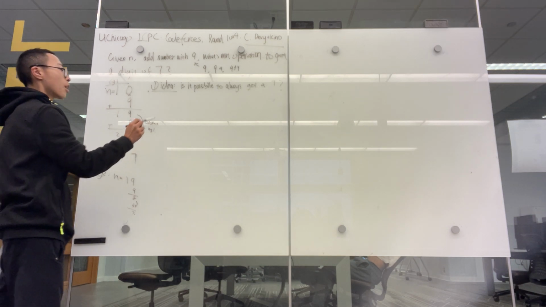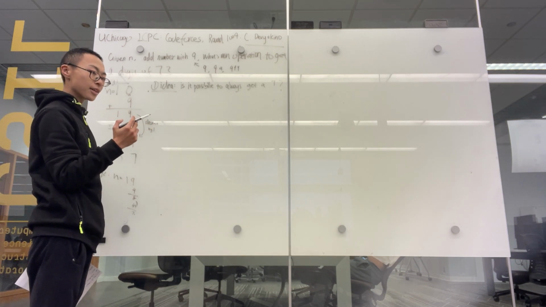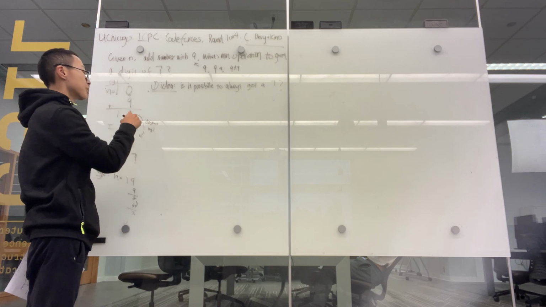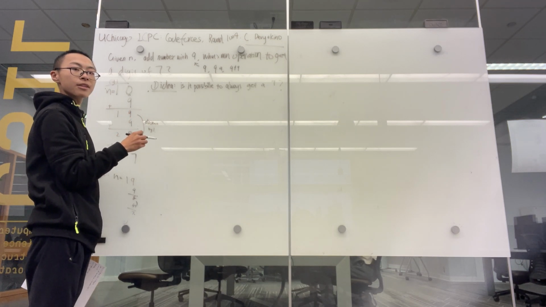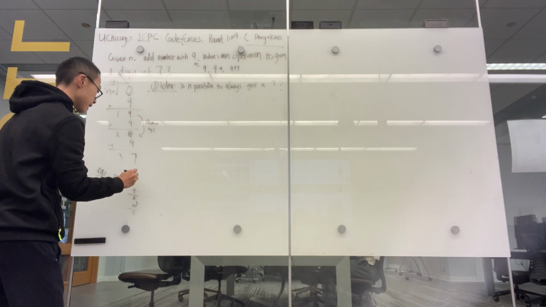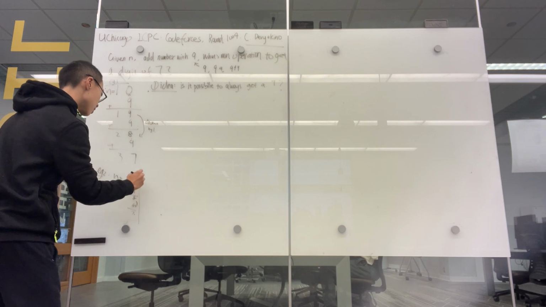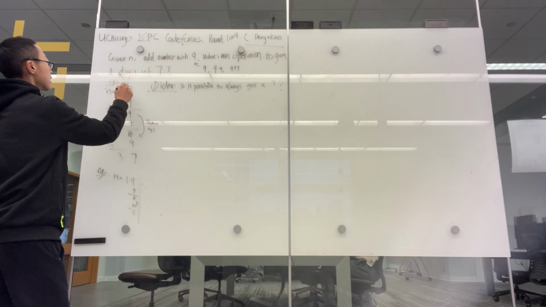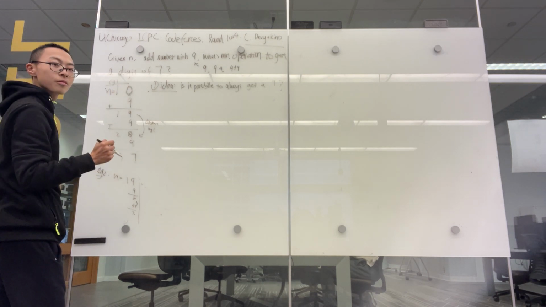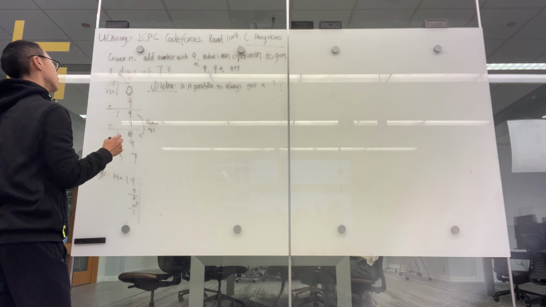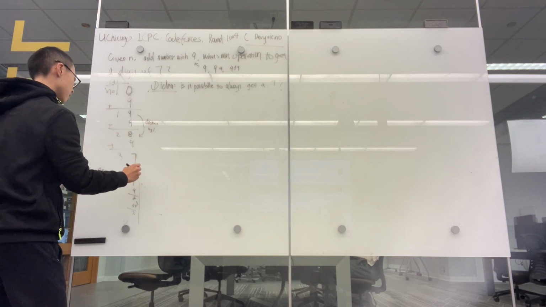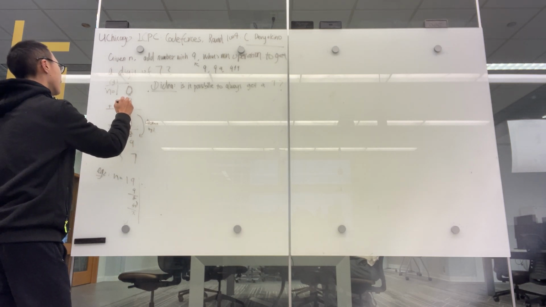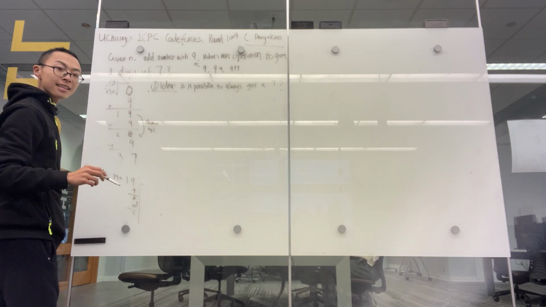Therefore, it is always possible to get a 7 by decreasing the digit until it reaches 7. And what if the digit is less than 7? So you see example 1, the digit is 0. And what to do? We can add a 9 and it will become 9.